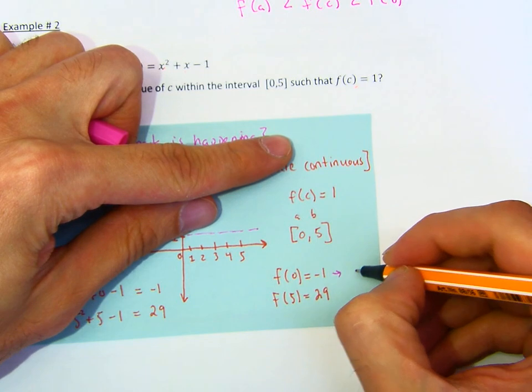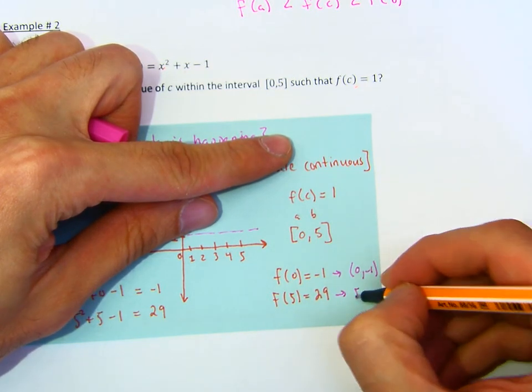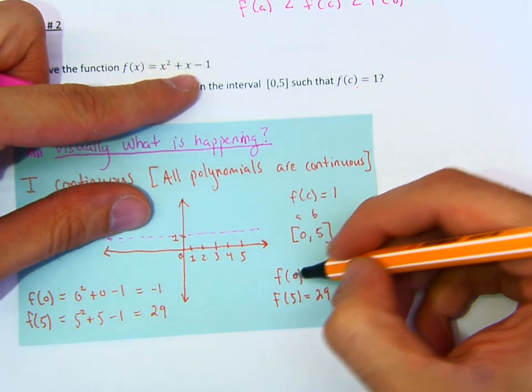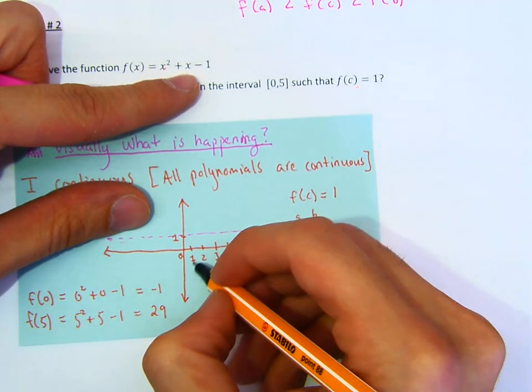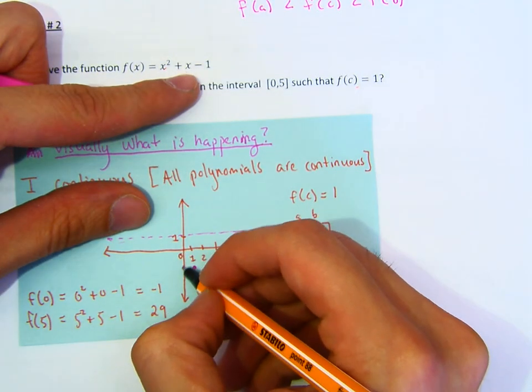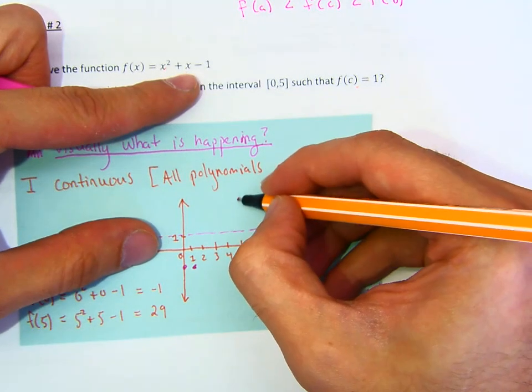This represents the point (0, -1). This represents the point (5, 29). So (0, -1) is here, and the other point (5, 29) is somewhere up here.